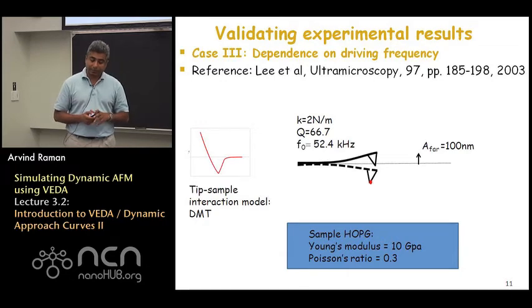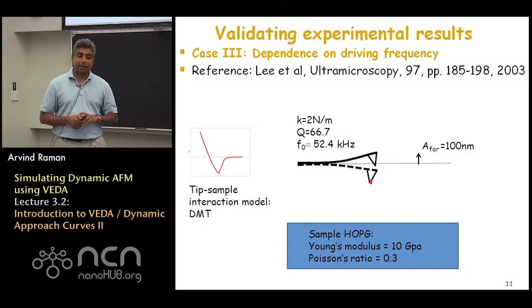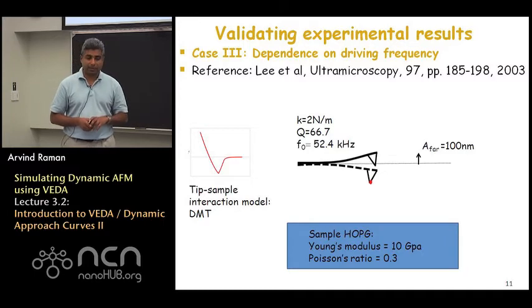Lastly, we're going to look at case 3, which is the dependence on drive frequency. In the previous examples, we always had the drive frequency line up exactly with the resonance frequency of the cantilever, but in a lot of cases, one is interested in looking at drive frequencies a little to the left or a little to the right of the resonance frequency.